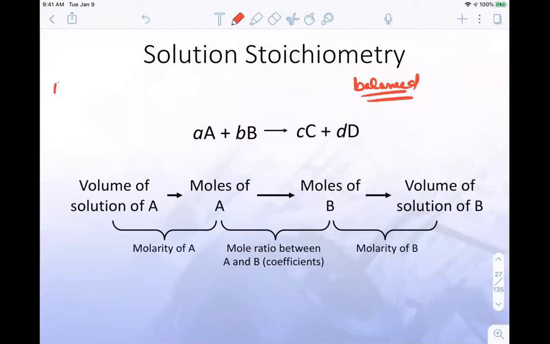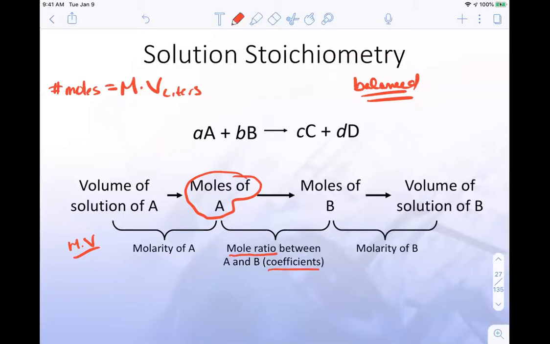But because of this relationship, I can use the molarity times the volume to find moles of A. Then I can use the mole ratio, which comes from the balanced chemical equation, just like I did before, to find the moles of B or C or D, whichever I want to look at.